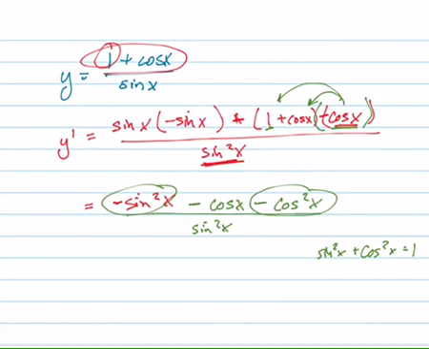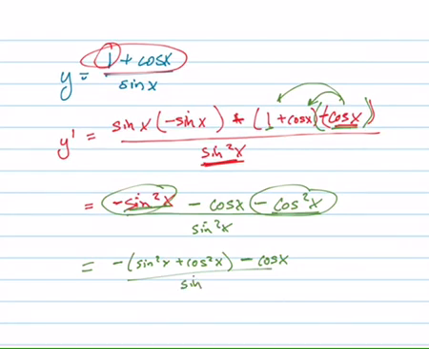That's like one of the most important things to know from trig identities. So I'm going to rewrite this as negative sine squared x plus cosine squared x. See how I kind of moved them together and factored out a negative 1, minus cosine of x, all over sine squared of x.